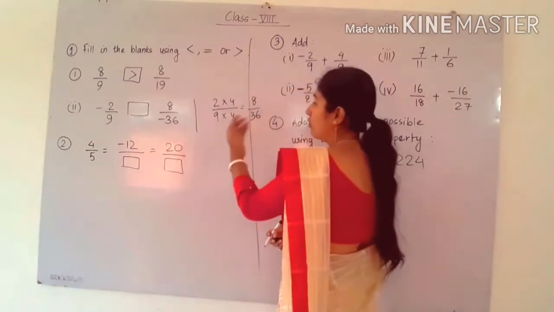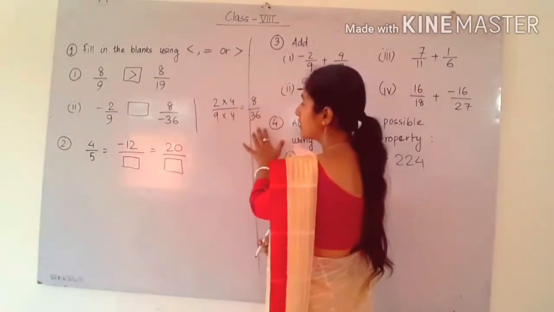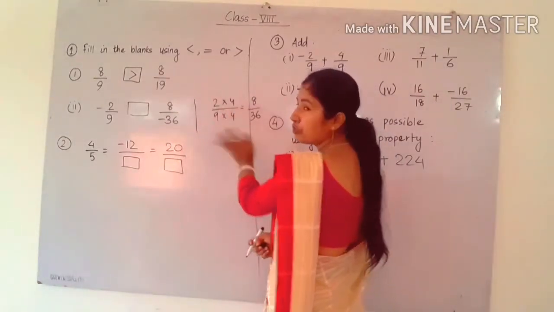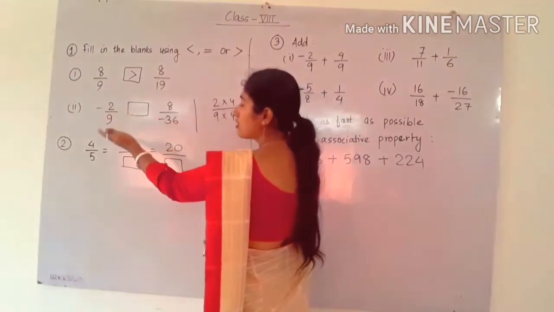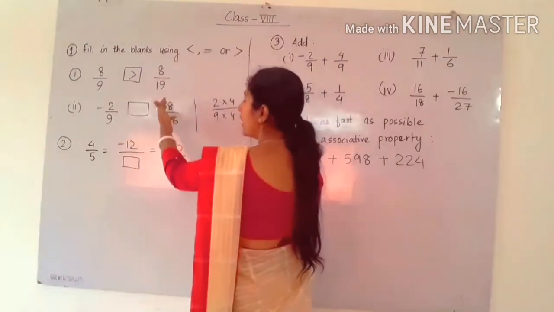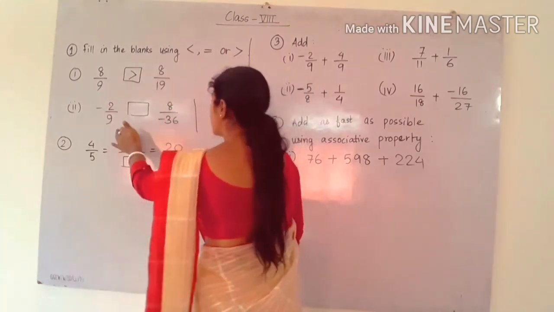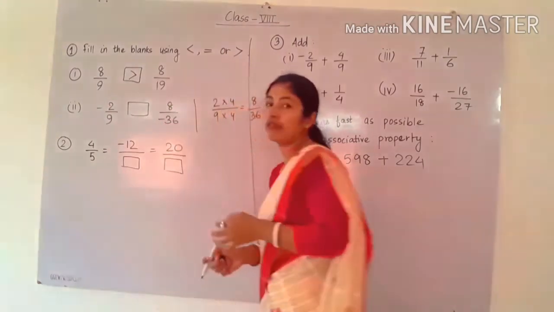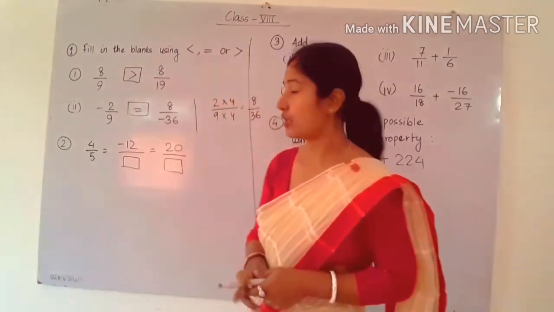So what we conclude from this is that 8 by 36 is an equivalent fraction of 2 by 9. Similarly, here minus is present, here also minus is present. That means 8 by minus 36 is equal to minus 2 by 9, because they are equivalent rational numbers. So both are equal. So we have to put the equal symbol.